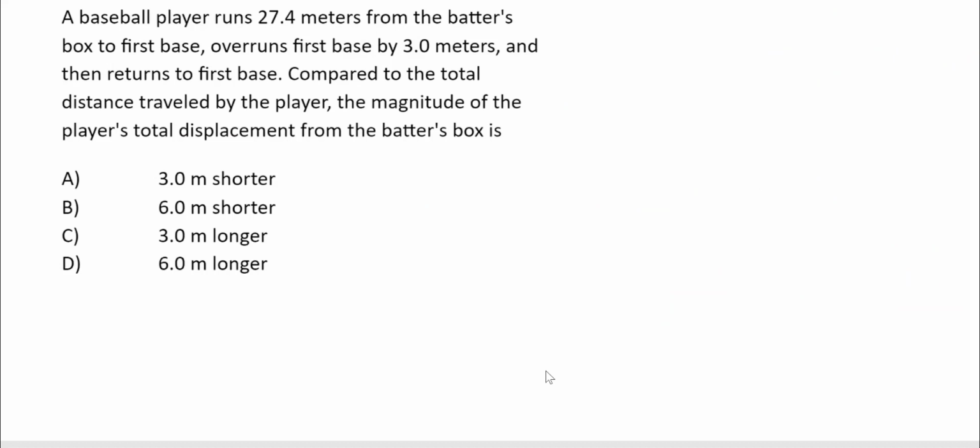Let's try this problem. A baseball player runs 27.4 meters from the batter's box to first base. They overrun first base by 3 meters and then return to first base. Compared to the total distance traveled by the player, the magnitude of the player's total displacement from the batter's box is... So we need to compare the distance to the displacement.